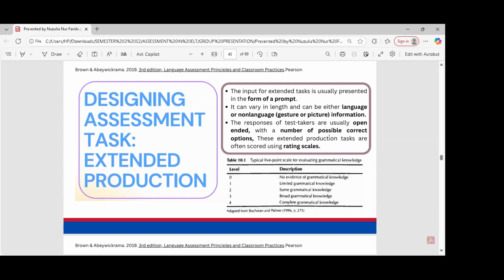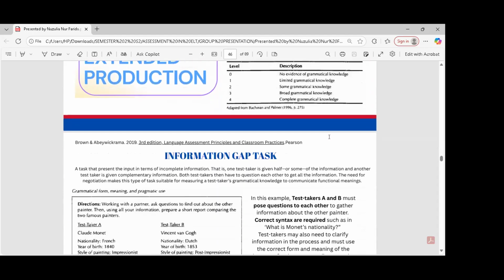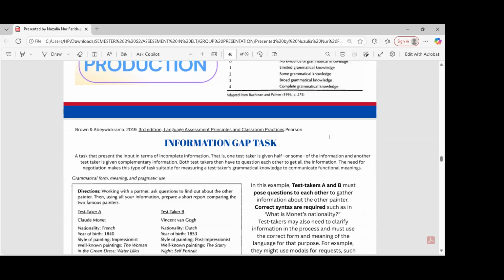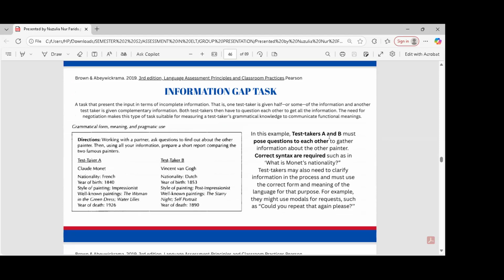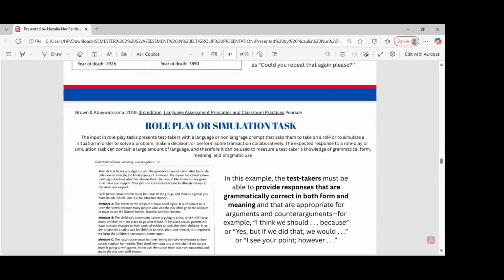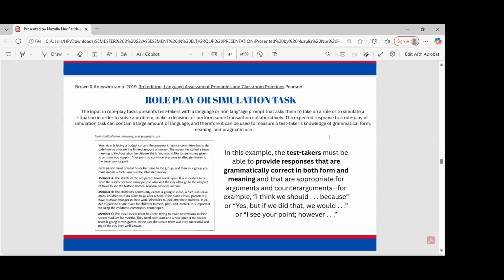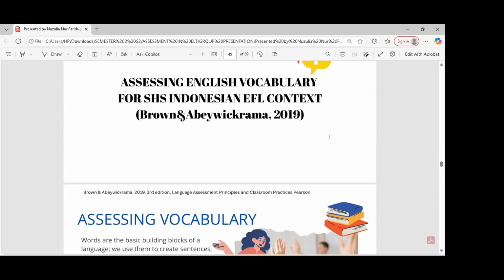And another kind is extended production. The form is through the information gap task. Yeah, so you can read it by yourself. And then the next is role play. And here is for how teachers assess vocab.